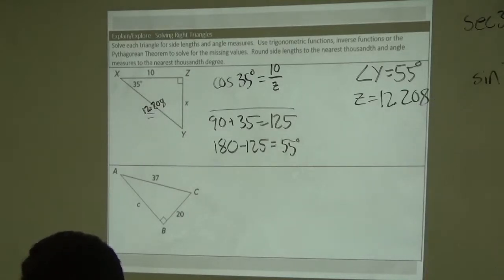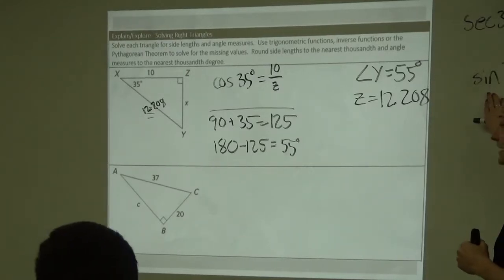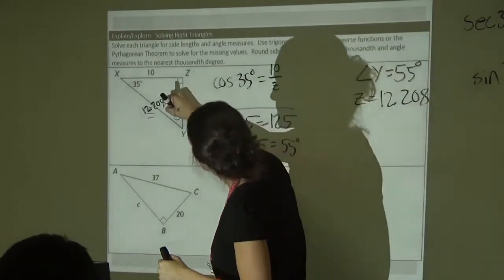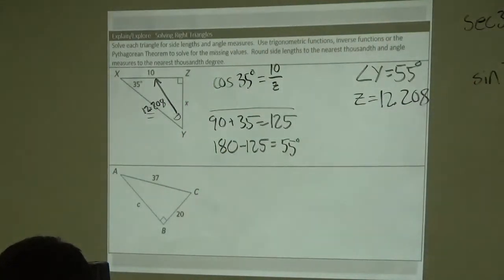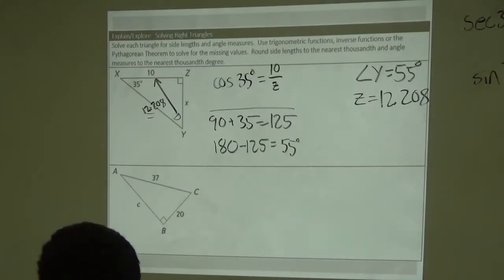That's why this is tough. It's tough to identify what we could do. Do you guys agree that this would also work? Inverse sine. Yep. If I'm trying to find this theta, opposite is 10, hypotenuse is 12.208. If you're trying to find angle y, you could do this as well, right? Cool?